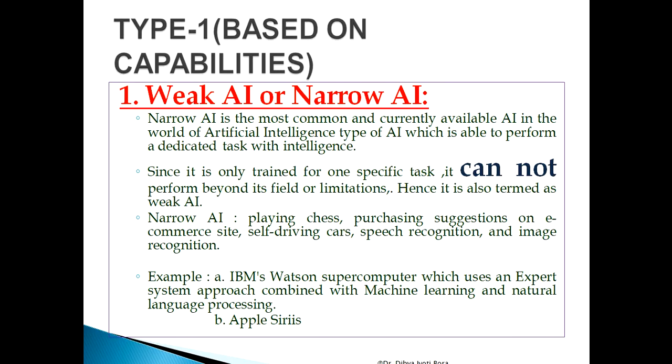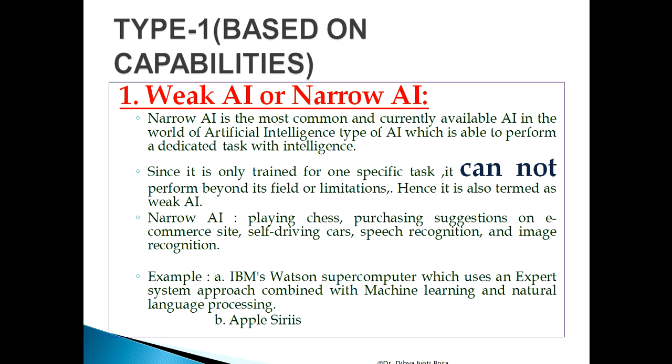Now, as you have already seen, type 1 is based on capabilities. Capability means your ability to do something, that machine's ability to do the tasks for which it has been designed. The first one is weak AI or narrow AI. This is the most common and currently available AI, which is able to perform a dedicated task with intelligence.